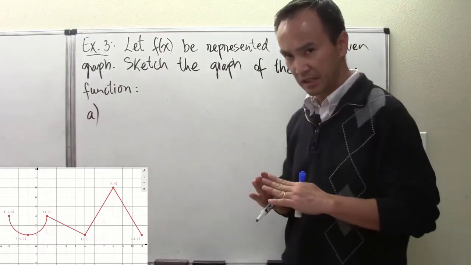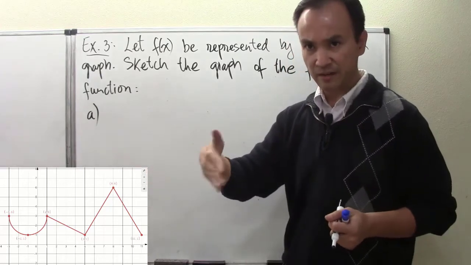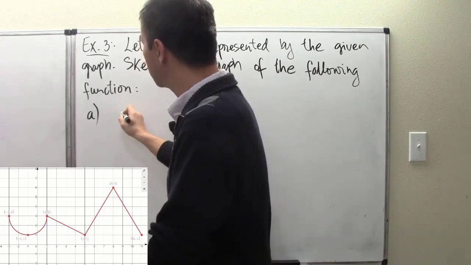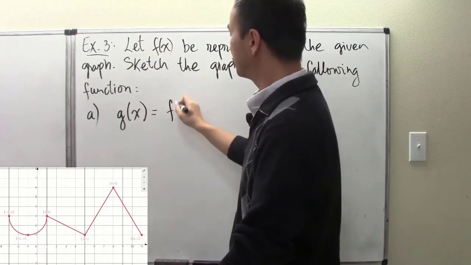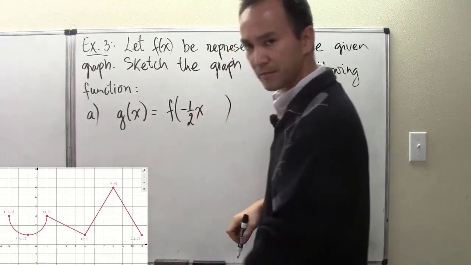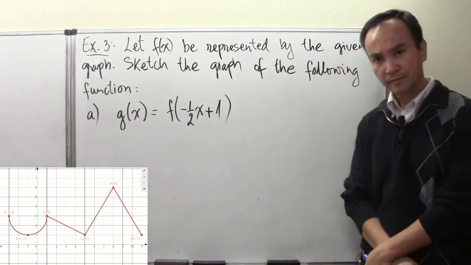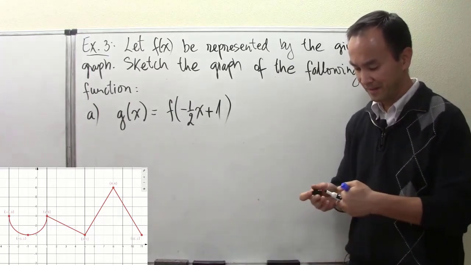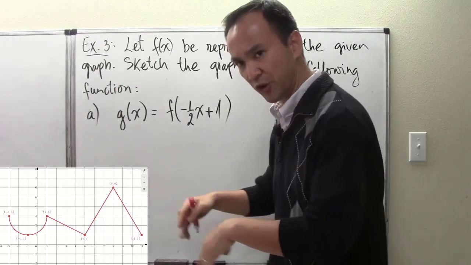In the entire example 3, you're going to be given different descendant functions, and any of those is going to be related to f of x somehow. So let's look at g of x defined as f of negative 1/2 x plus 1. This is the linear expression that I was talking about throughout that demo example.